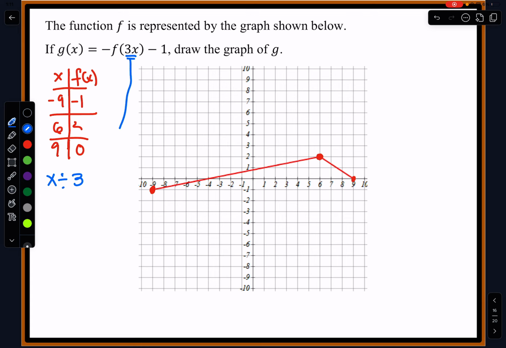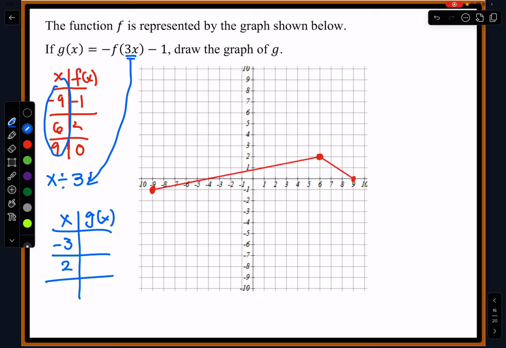So we're going to perform this operation to these values. So we're going to end up with -9, I'm sorry, -9 divided by 3 is -3. 6 divided by 3 is 2. And then the 9 divided by 3 is +3. So this is going to result in shrinking this horizontally. So instead of making it wider than it already is, we're going to make it skinnier.